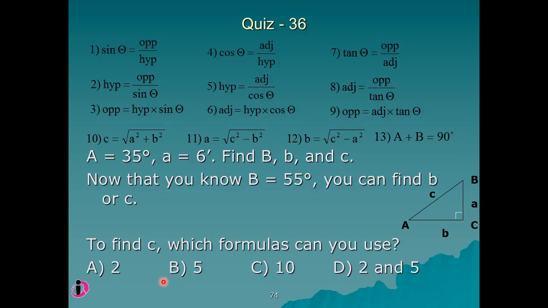Now my hypotenuse is C. I'm looking for C. Opposite is 6 feet, right? And my theta is 35. Can you do this in your calculator and see how much you get as your hypotenuse? Because we selected, I'm saying now we are using formula number 2, right? I could have even selected formula number 5.